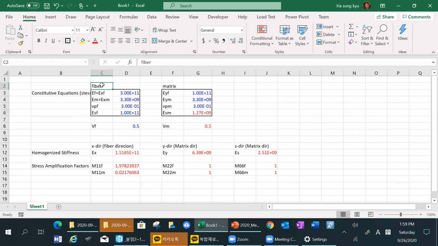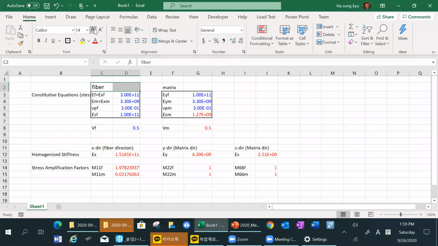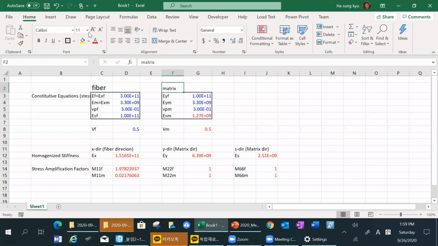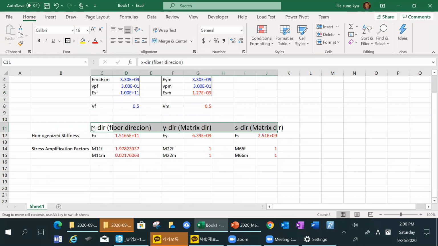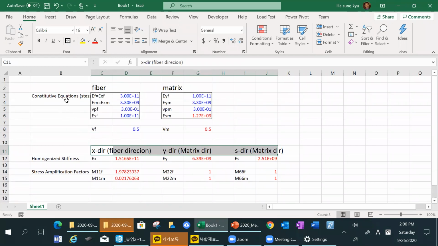And here, I'd like to increase the font a little bit. And this one also. And this is the calculated homogenized stiffness.